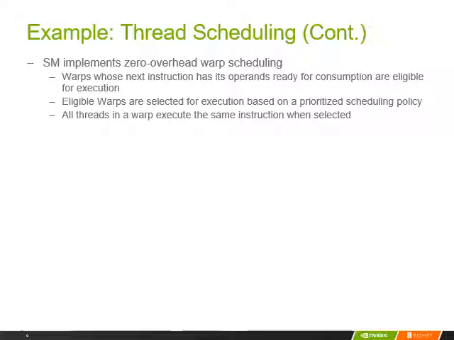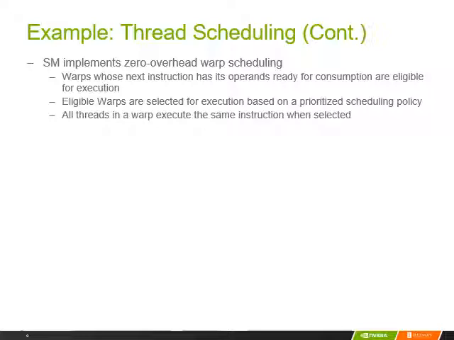So the instruction that has its operands ready for consumption becomes eligible for execution, and therefore, some of the warps will have the next instruction with operands ready, and these are eligible warps. And the warps whose next instruction does not have all its operands ready are not eligible warps.